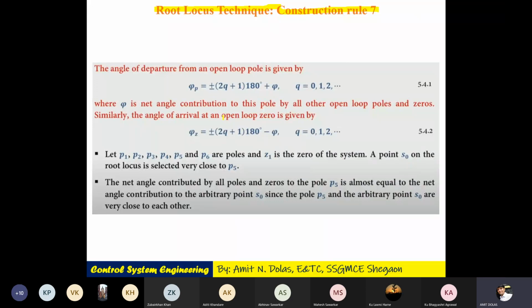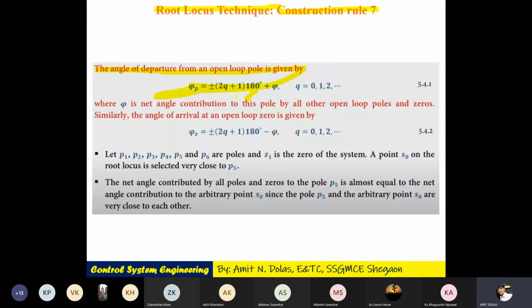We'll just go through the concept. Later on, it will be more clear in the examples. The angle of departure of an open loop pole is given by phi of P, that will be plus minus (2Q plus 1) into 180. That is, of course, the angle criteria, plus phi.